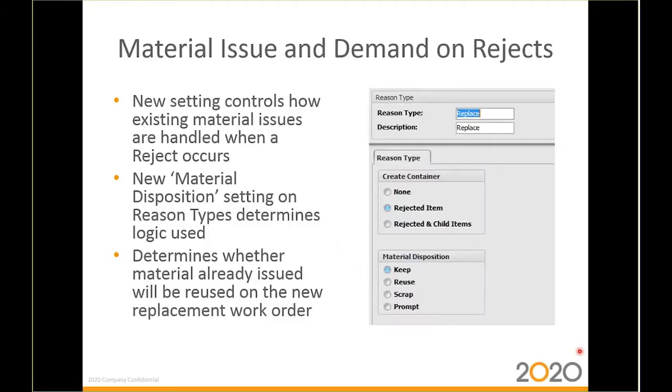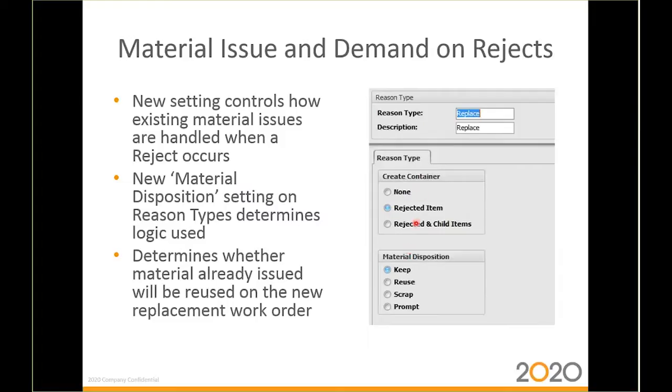The next item is some improvements on managing material issues and demand on rejects. So we've added a control to the reason type definition. If you have a reason type that creates a container, if you choose none, this doesn't apply.